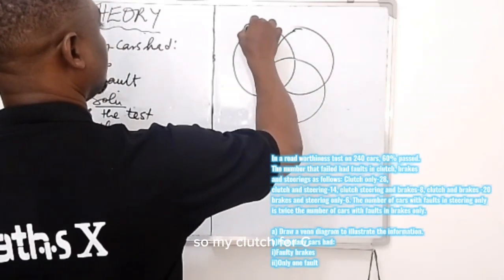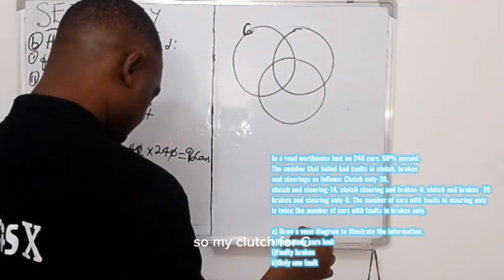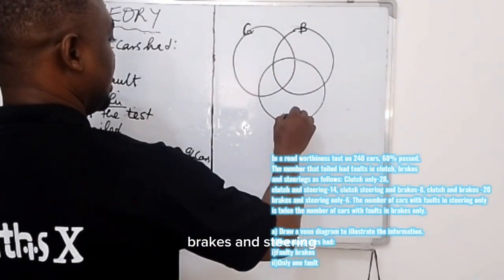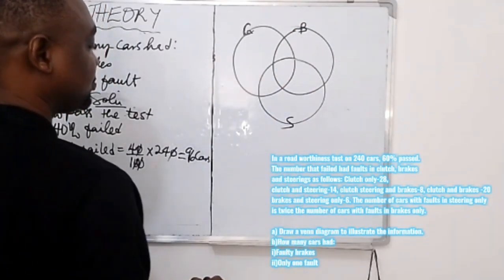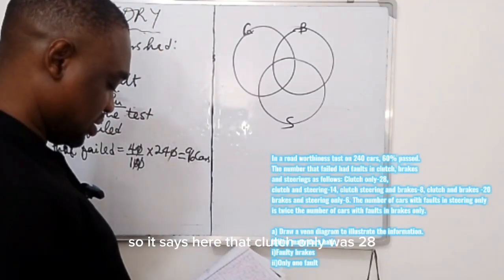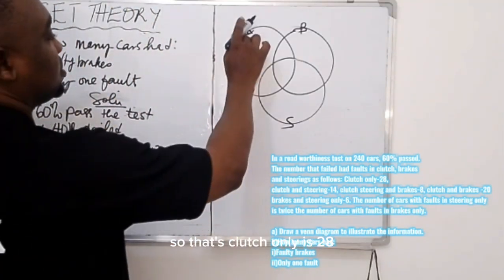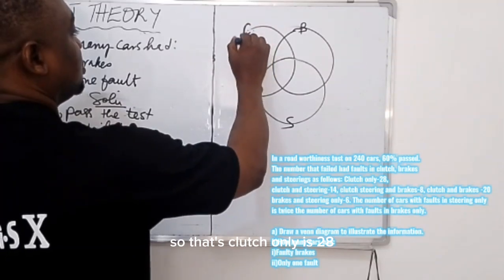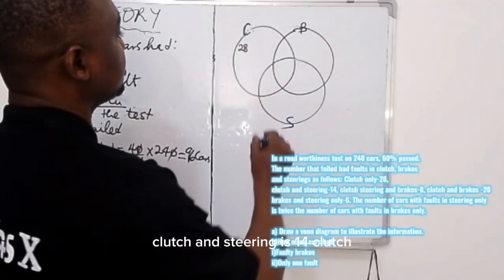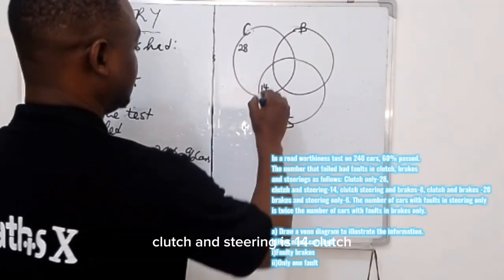So my clutch for C, brakes, and steering. It says here that clutch only was 28. So that's clutch only is 28. Clutch and steering is 14.